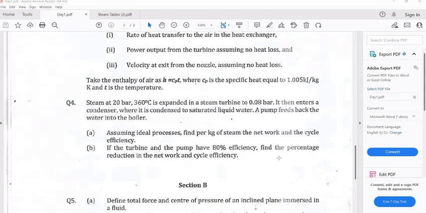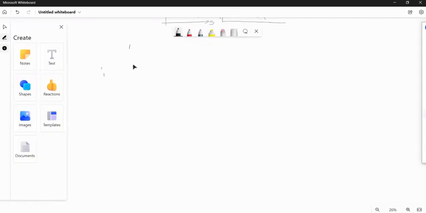So take a screenshot or write it down if you want. I will move to the whiteboard. If you cannot see the whiteboard, then you have to tell me. Now you can see it, I think? It is visible, no?